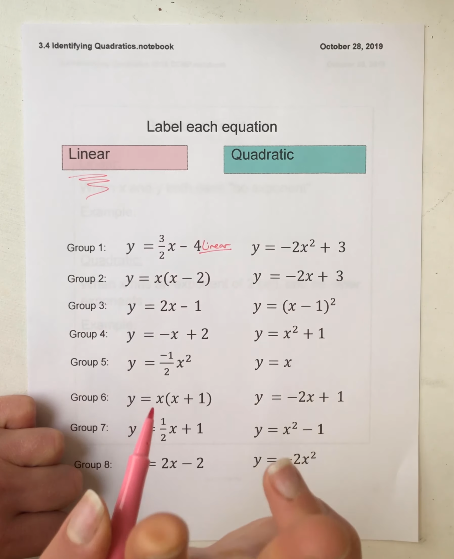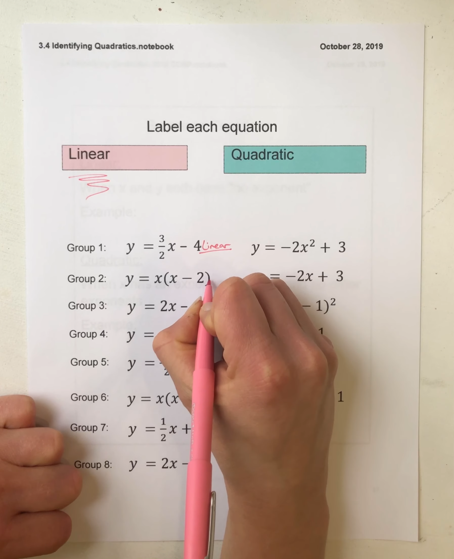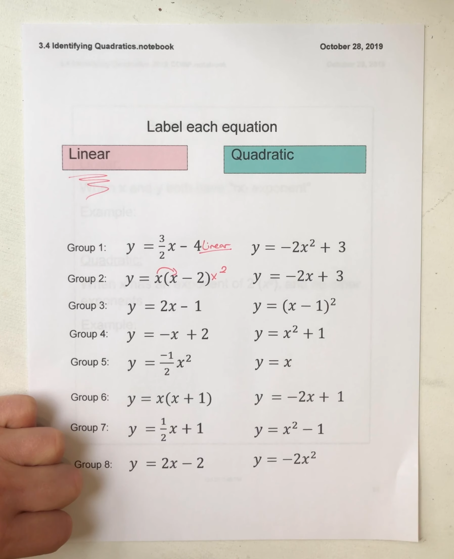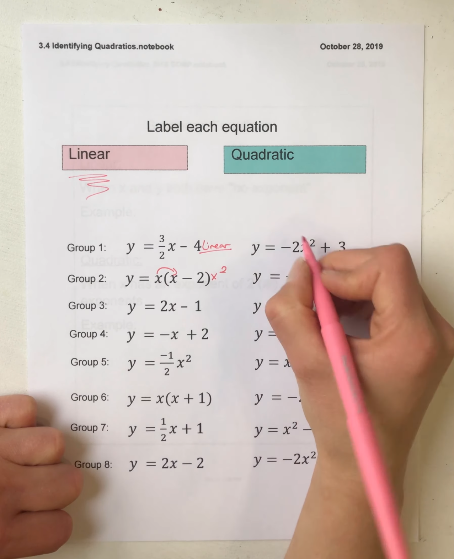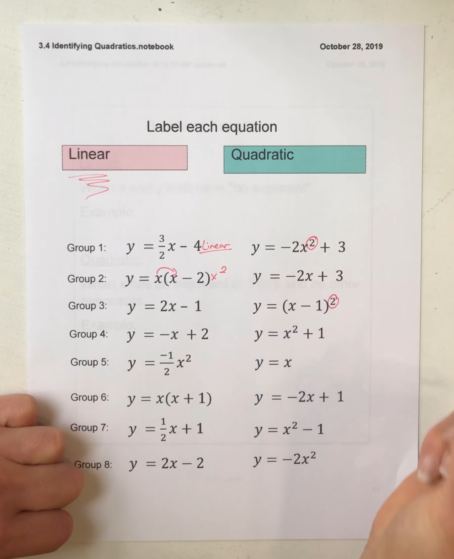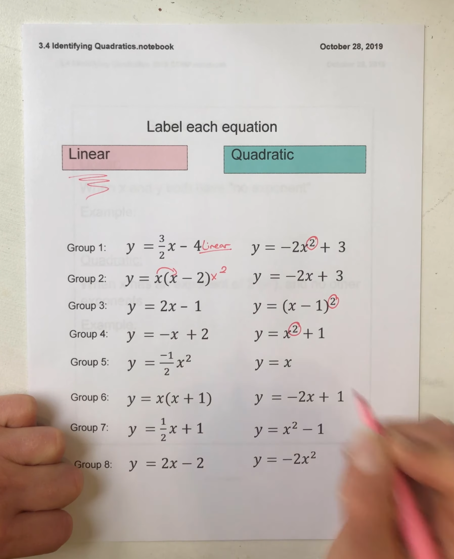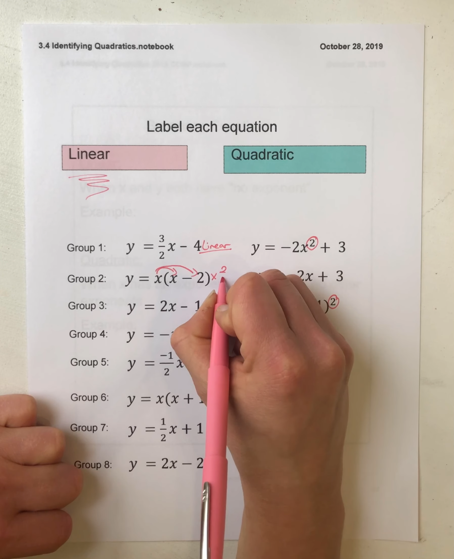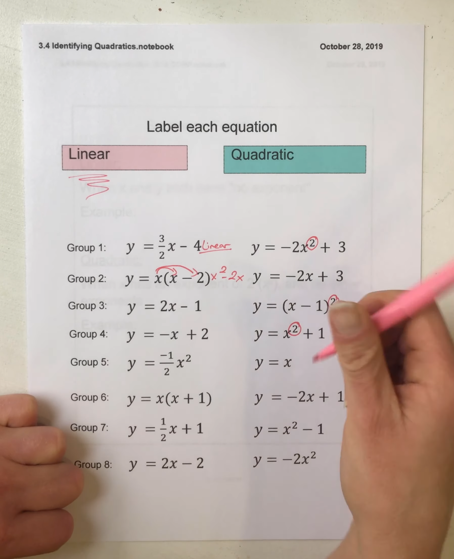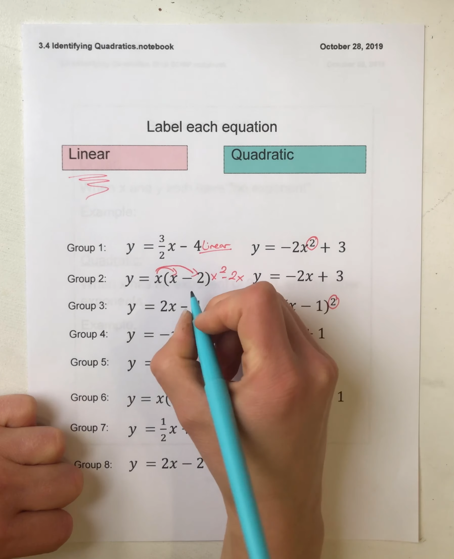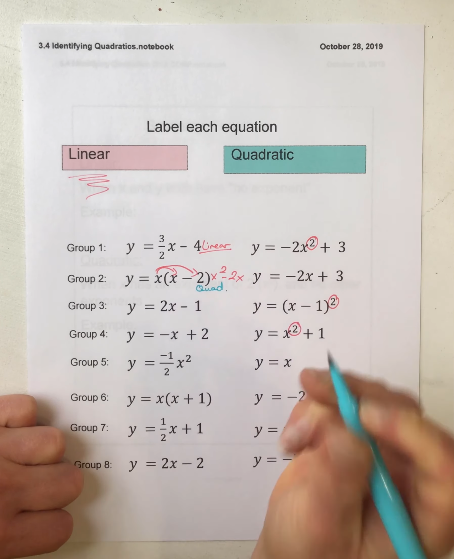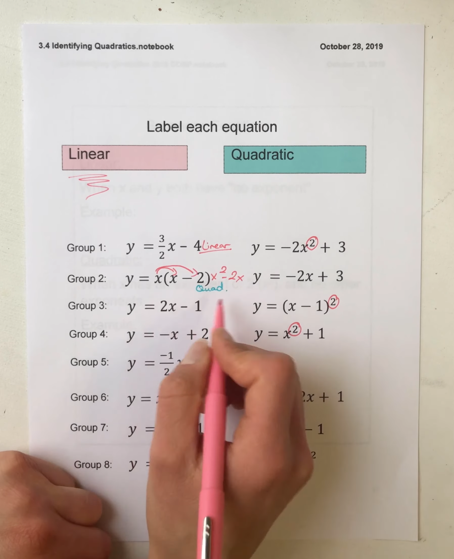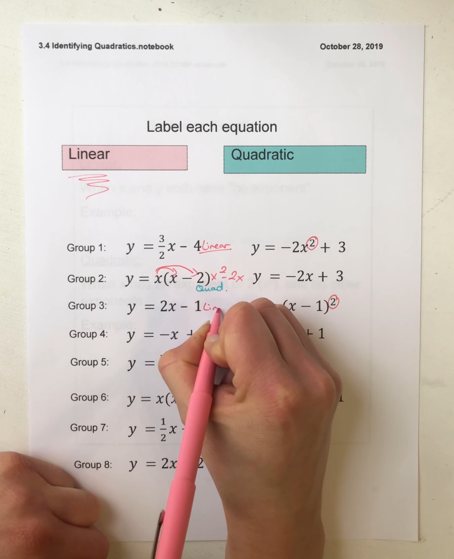If we multiply this out, this would end up as x squared, and all of the ones with squared mean quadratic. So if we FOILed it out, x times -2 is going to give us -2x. So this one is going to be quadratic. And we don't see an x squared here, but it looks like our linear lines, so it is going to be linear.